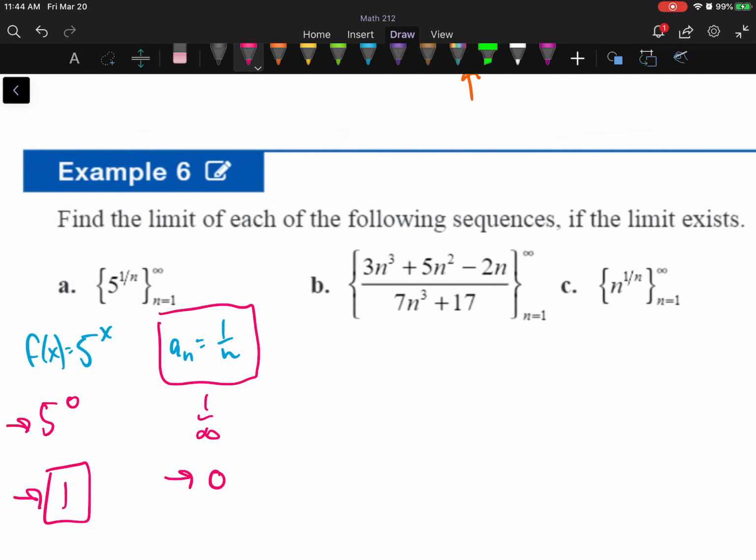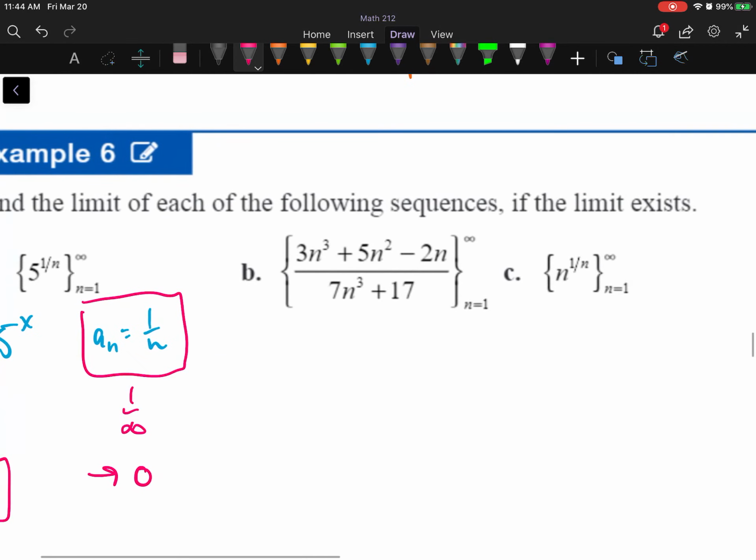For the next one, finding the limit here, we've got a rational function, and the numerator and denominator of this rational function are both polynomials of degree 3. And so just like what we've done with limits in the past, we could technically use L'Hopital's rule here.